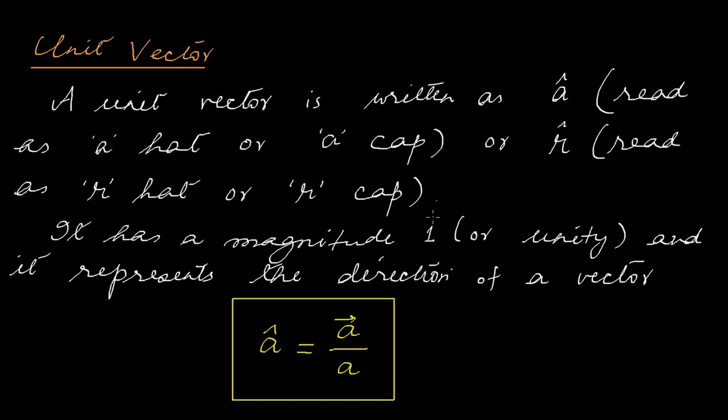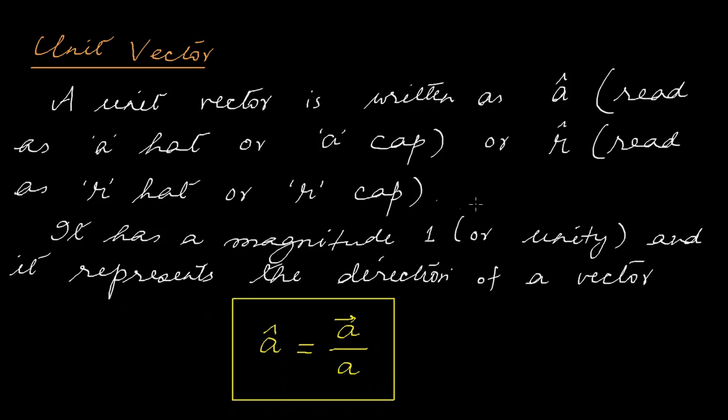So magnitude 1 means this is a vector, but its magnitude is 1, maybe 1 centimeter, 1 Newton, or 1 millimeter, and so on. Whenever the magnitude is 1, we say unity. So it has a magnitude of unity, and it represents the direction of a vector.